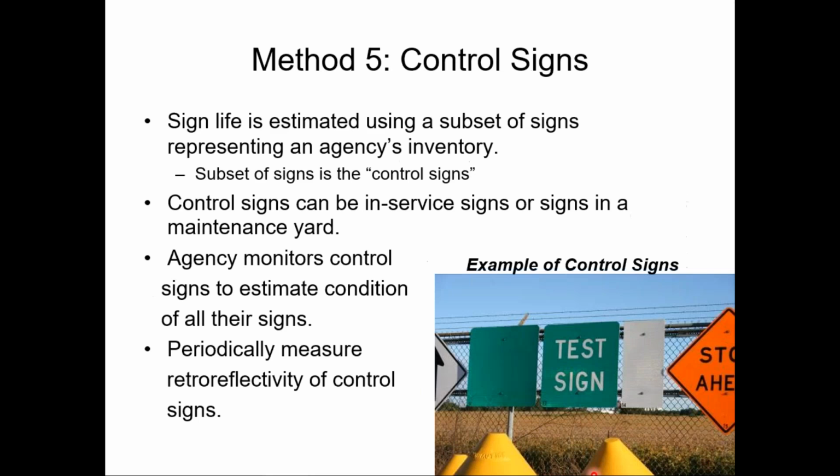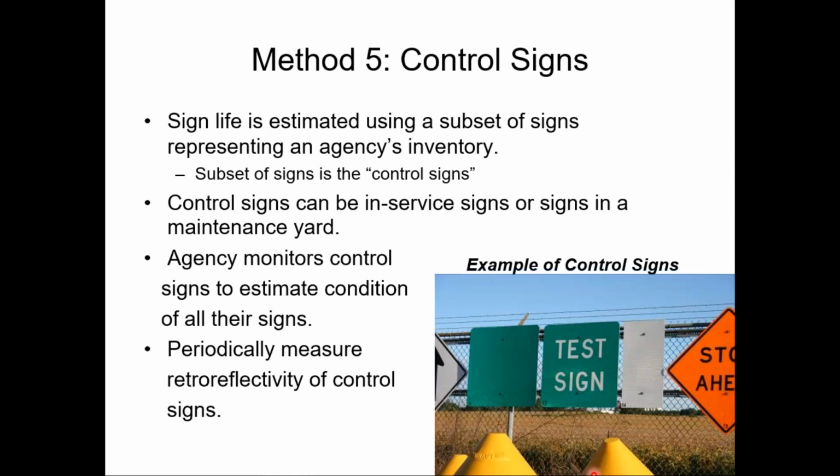And what you do here is estimate sign life using a subset of signs. And these could be on-road signs, or they could be signs in your maintenance yard or in a sign rack or something. But what you do is kind of get a sample of different signing conditions, like a south-facing stop sign, or a west-facing warning sign, or a north-facing street name sign.